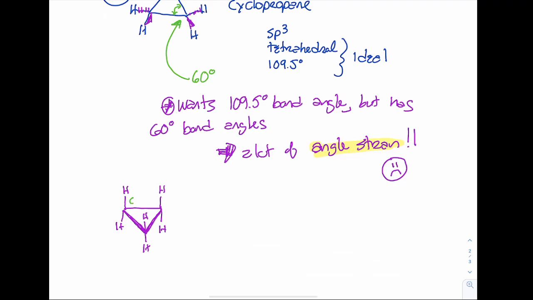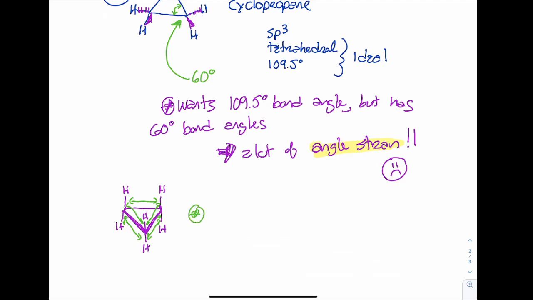This bond is lined up directly with that bond, and this bond here is lined up directly with that one, and this one directly with that one. Those bonds are eclipsing each other. And then the same on the bottom, I have eclipsing bonds, and then around the back.